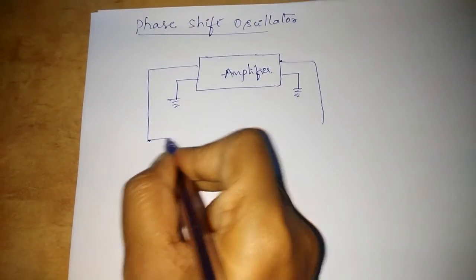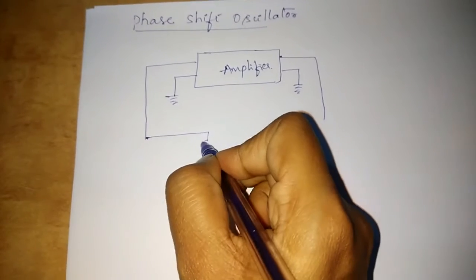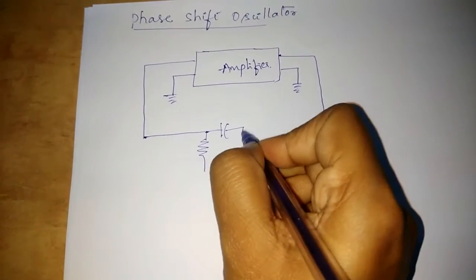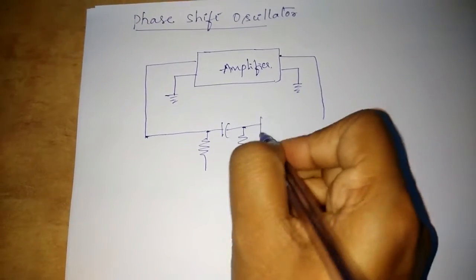and this feedback is consisting of a ladder which is made up of resistors and capacitors.